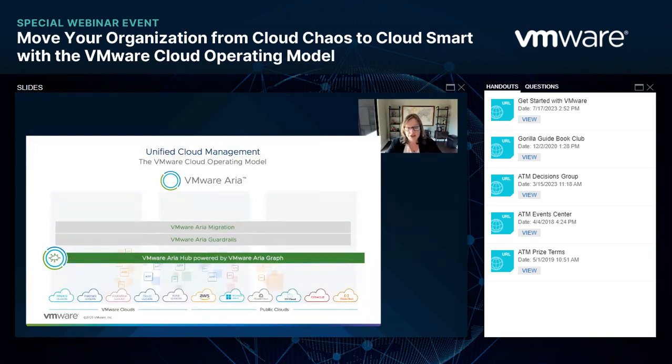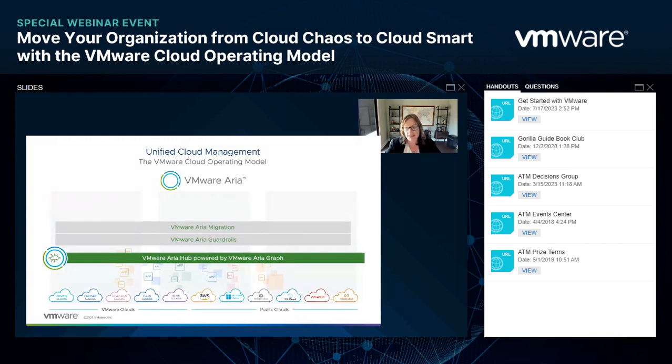There's Aria Migration, which is going to give you a clean and concise way of moving your applications from cloud to cloud. Today, we have capabilities for assessing what it would take to move from your on-prem vSphere environment to a VMware Cloud on AWS environment. But we have plans to extend that further, both to public cloud endpoints and back to vSphere.